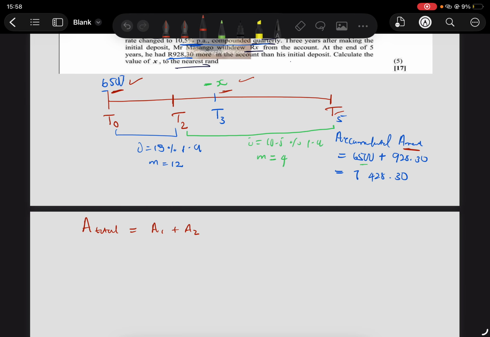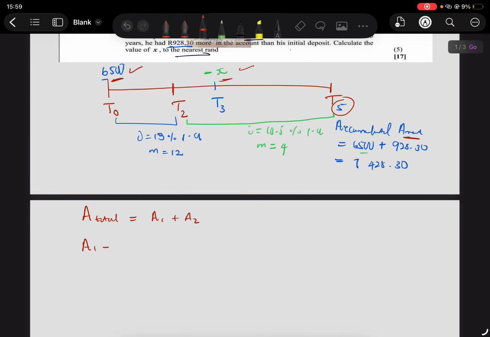Because now we are considering time 5, we need to move each investment to T5. What do I mean? For instance, A1. A1 is 6,500. For the first 2 years, it is compounded at 13% per annum, compounded monthly. So 1 plus 0.13 divided by 12, to the power 12 times 2. After that it is then grown by 10.5% per annum, compounded quarterly.